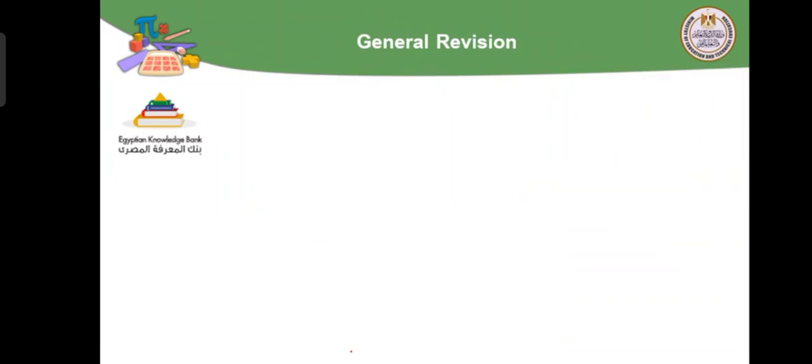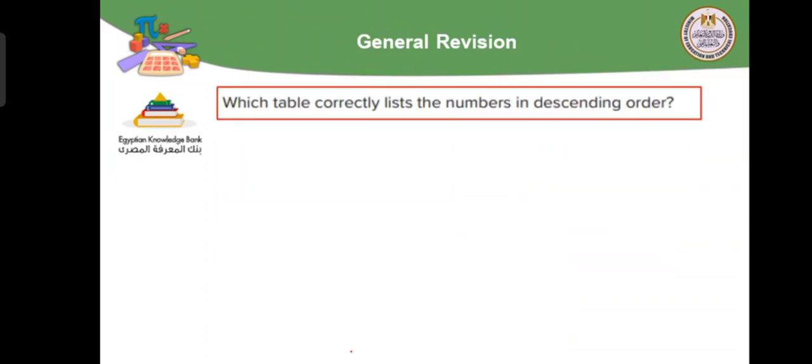Which table correctly lists the numbers in descending order? What is the meaning of descending order? Descending order means from the greatest to the smallest, ordering all the numbers that I have, okay?